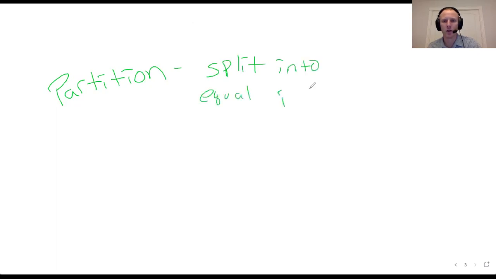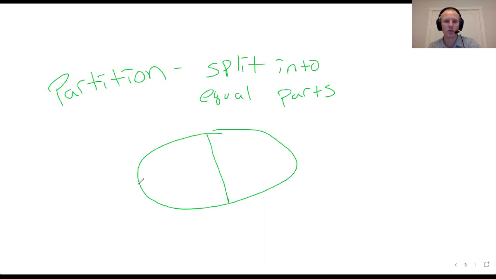That's what it's going to mean for our purposes here in 3rd grade, is to split something into equal parts. So if I say to partition this shape into equal parts, into I don't know, 4 equal parts, you'd say, okay, well, 1, 2, 3, 4. I partitioned it. I split it up into 4 equal parts. And so that's what that means anytime you hear it.